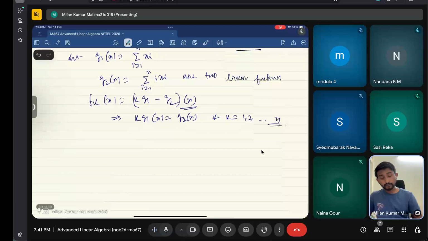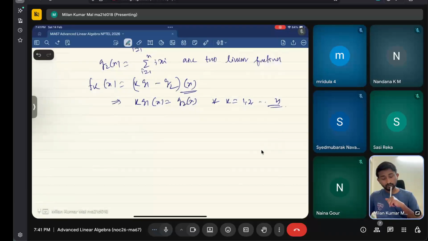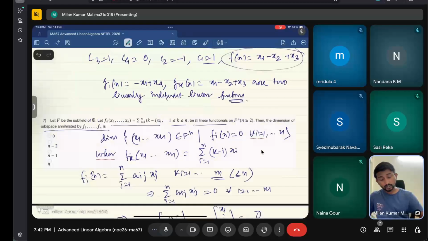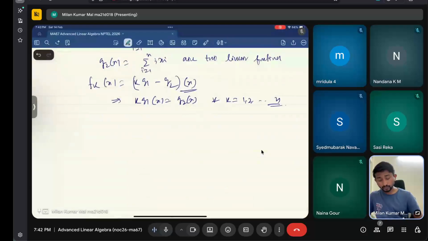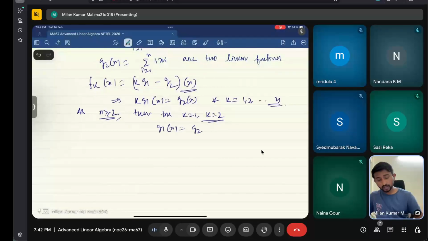Now in particular, suppose we take two values of k, for example 1 and 2. The important thing is that n greater than or equal to 2 is already taken. So as n is greater than or equal to 2, take k equals 1 and k equals 2. Then what I'll get is g1(x) equals g2(x) for all x.